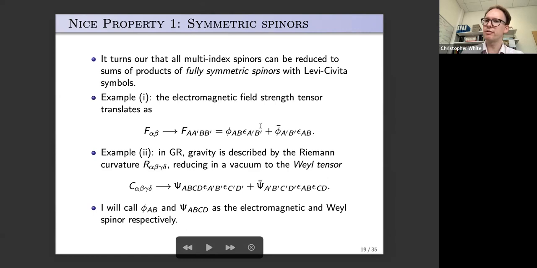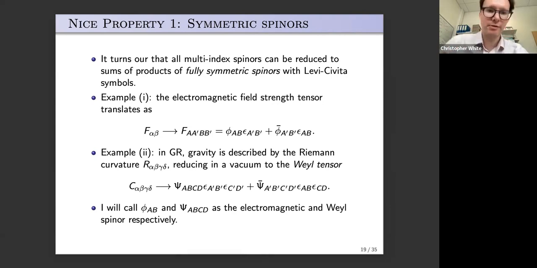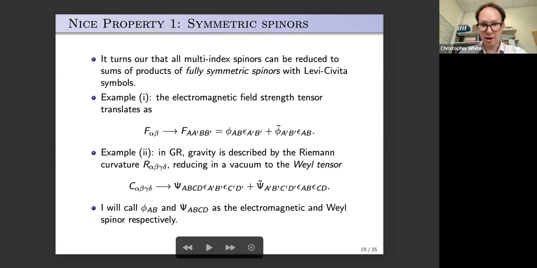Now, it's not too difficult to prove this property. It just relies on the fact that these indices can only take values of 0 or 1. So that kind of trivializes things. And that decomposition property is clearly showing up some sort of inner structure to these objects, which is why the spinor language is particularly useful. Also in GR, gravity is described by the curvature.